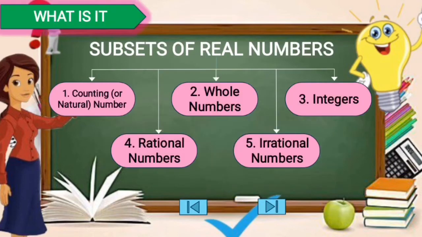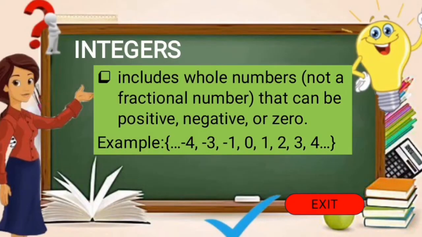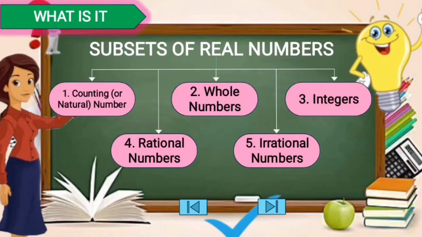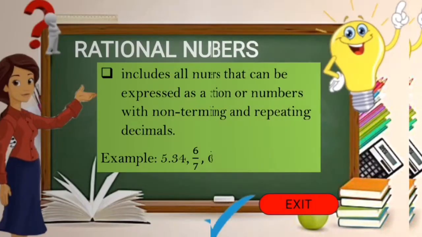The third subset is the integers. This subset includes whole numbers, not a fractional number, that can be positive, negative, or 0. The subset would look like this. The next subset is the rational numbers.